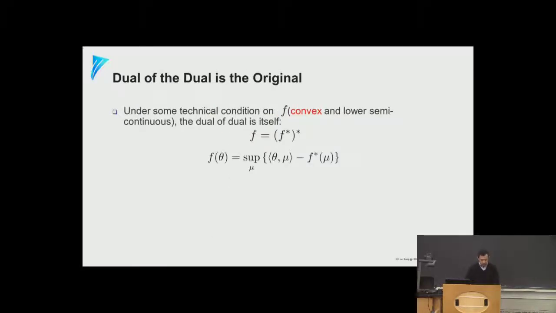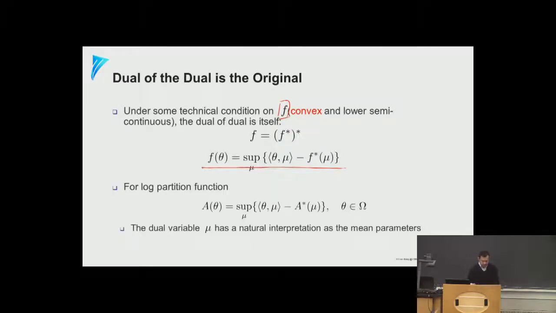So if our original function f has certain nice properties, such as being convex and lower semi-continuous, which is a technical condition that usually is satisfied with smooth functions, then you can use this conjugate duality again to recover the original function, which is like this. Okay, your dual of dual is the original function.